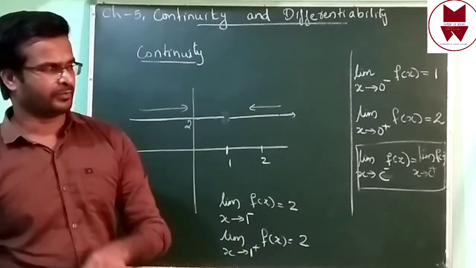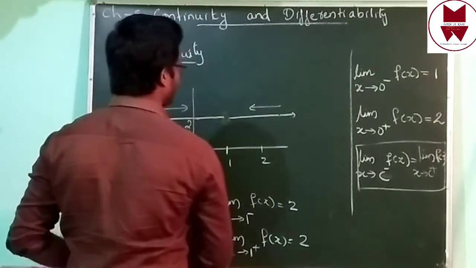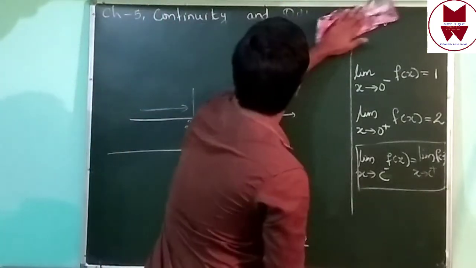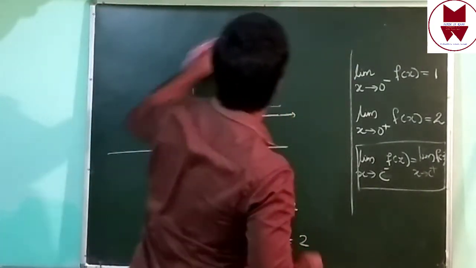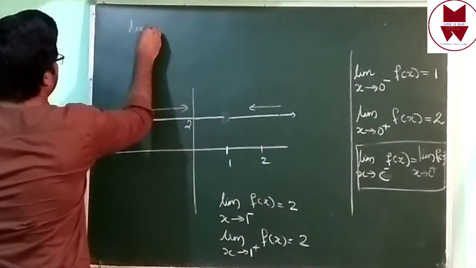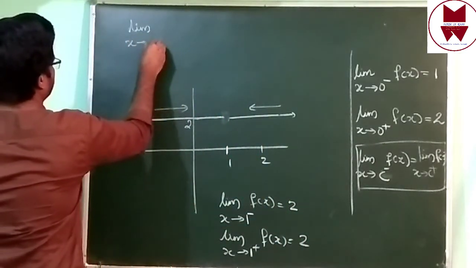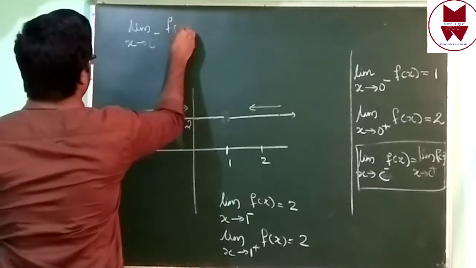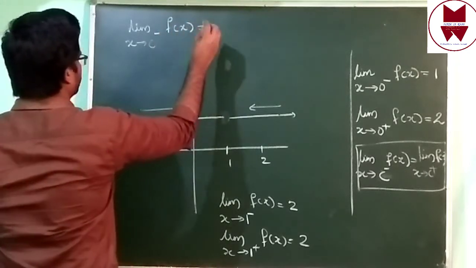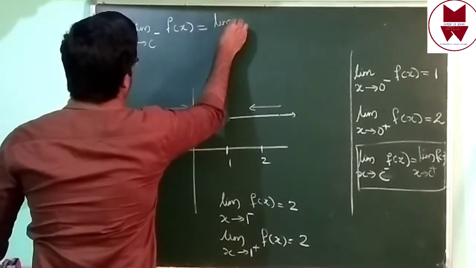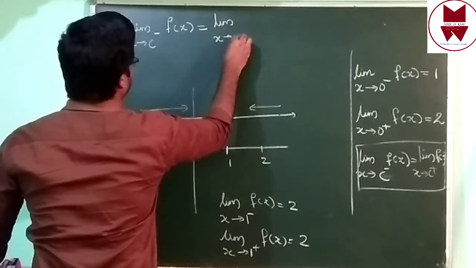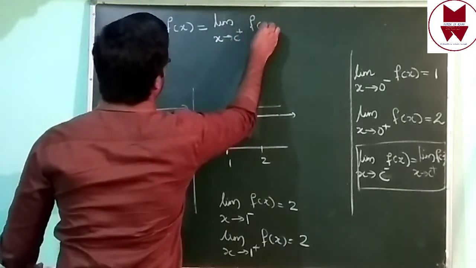At that time one more condition is there, that is limit x tending to c minus f of x should be equal to limit x tending to c plus f of x.